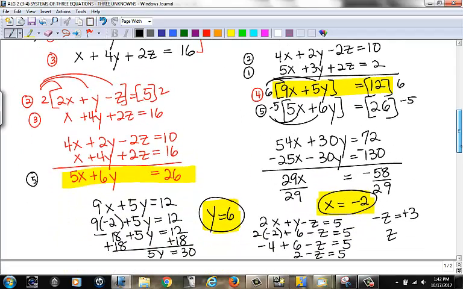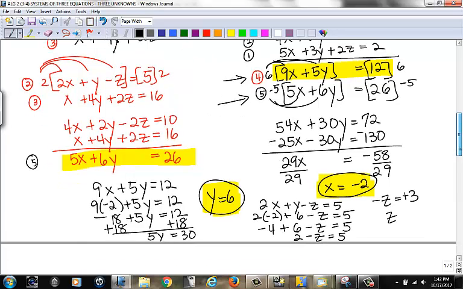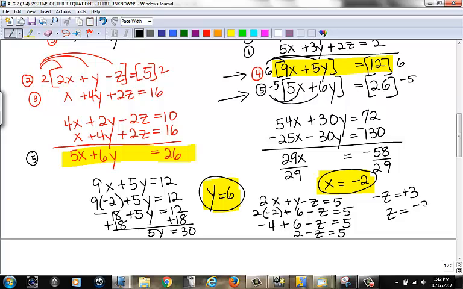Then once you get the x, you put it back into either 4 or 5 that just has an x and a y. It just has 2 variables. Then once you get 2 variables, put it back into any of the beginning 3 equations. So our final z is negative 3. Now you need to write the ordered triple.